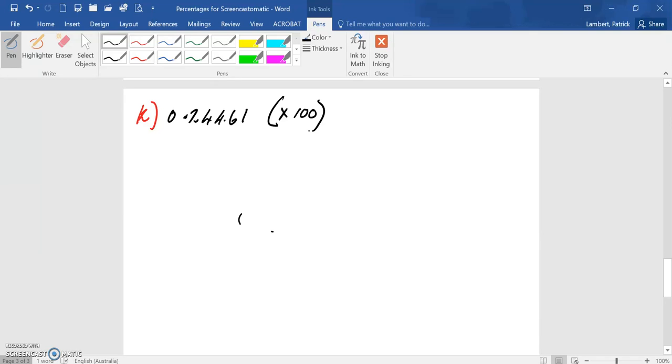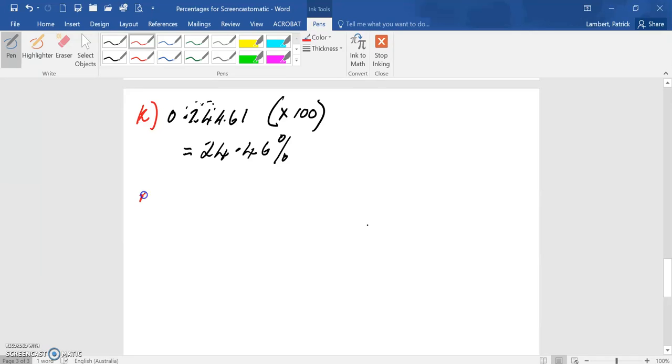Times 100 means that you move it across to the right 2 places, 1, 2. So that's going to equal 24.46%, going to 2 decimal places. So we've still done the same thing, moved it 2 decimal places to the right.